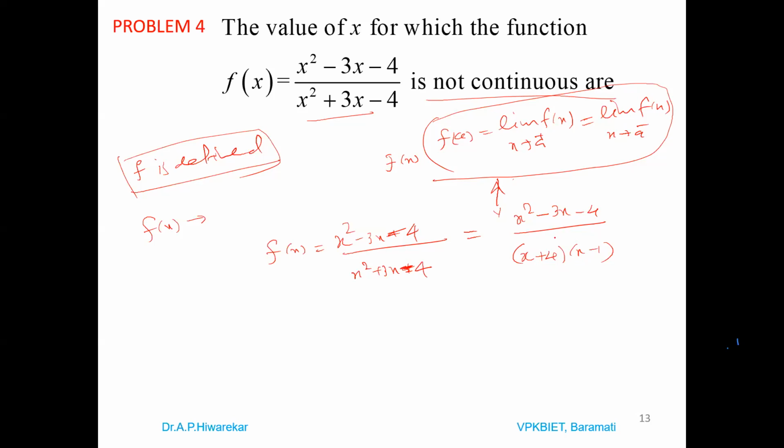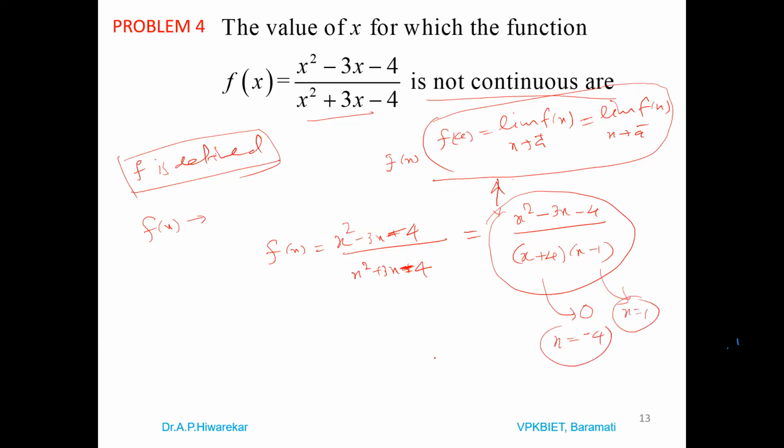Yes, sir. So look at this quotient and at the denominator. It will be 0 when x is minus 4. The denominator will also be 0 when x is 1.